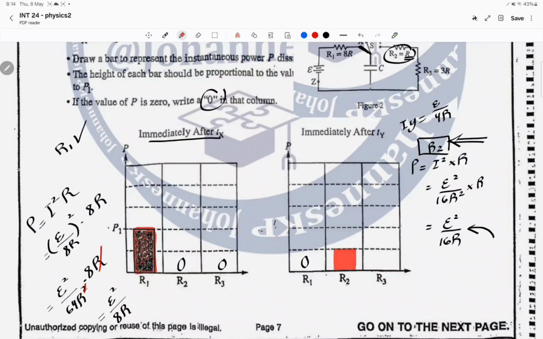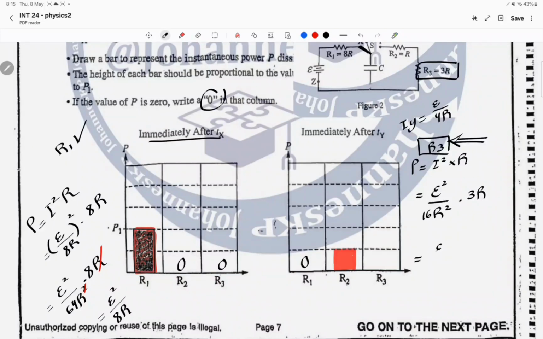Okay. Now that's good. And now let's do the same work for R3, which we know is 3R. So now we're going to say EMF squared over 16 R squared times 3R. EMF squared over 16R times 3. So now this is 1 over 8, this is 3 over 16.